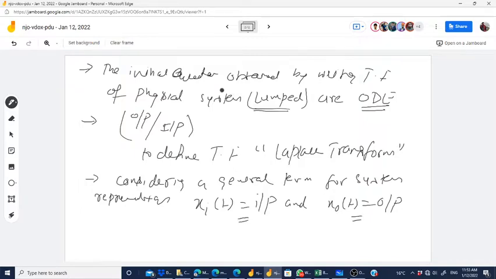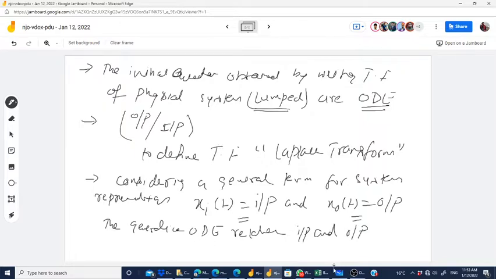Okay, so what is the generalized equation? The generalized ODE relating the input and output is like this.